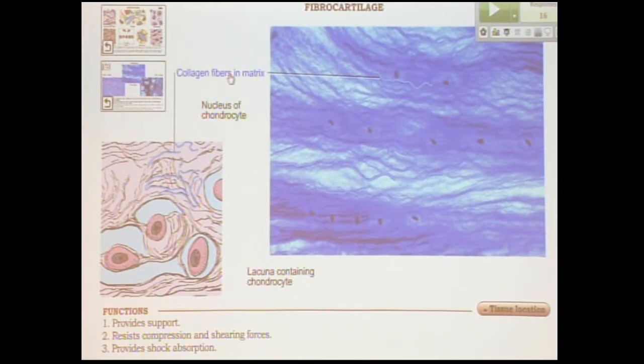It provides support and resists compression and shearing. Once again, all that dark blue is extracellular matrix and ground substance, and these little black dots are the cells, the fibroblasts, which are specifically called chondrocytes in this case, but they're still a type of fibroblast.